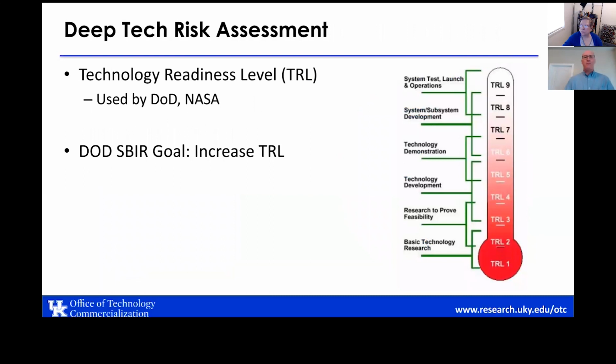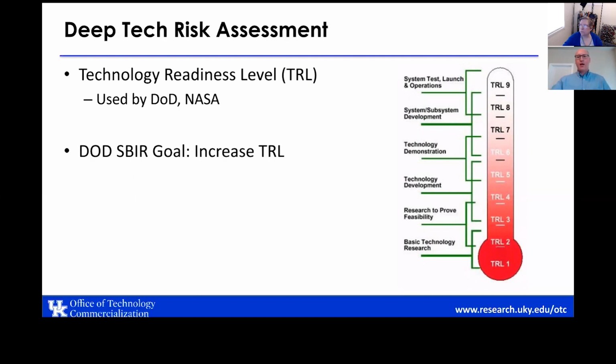I want to talk a little bit more about this because this is such an important piece, and give a couple of examples. I talked before about risk and risk assessment, and this is an example with the technology readiness level scale that the Department of Defense and NASA use in evaluating technologies. It's a really great tool.